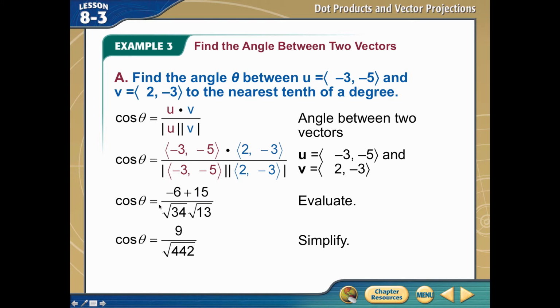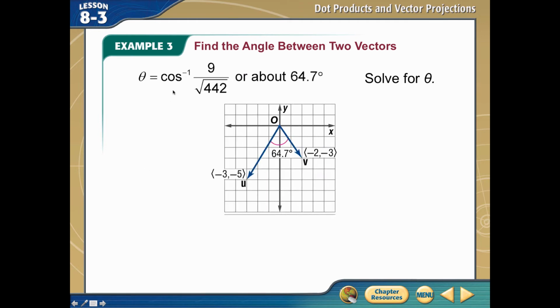Now, is there a need to rationalize the denominator at this point? No, because you are trying to find the angle theta. So what you need to do is do the inverse cosine of 9 over square root of 442. If you rationalized it, it'd be 9 times the square root of 442 over 442, and you'd have to enter that into your calculator to get the angle.